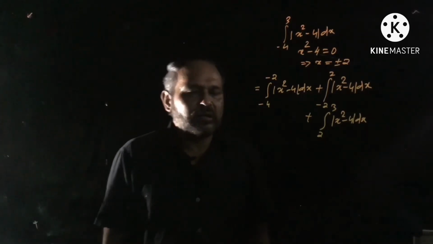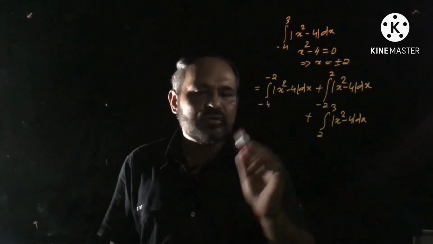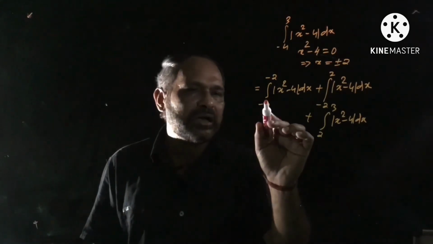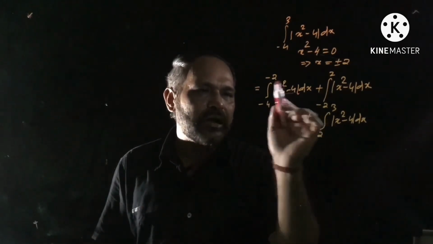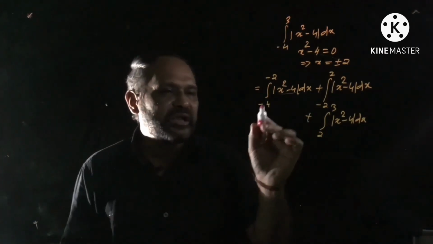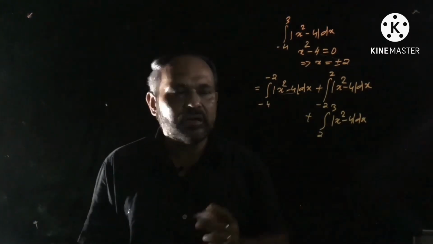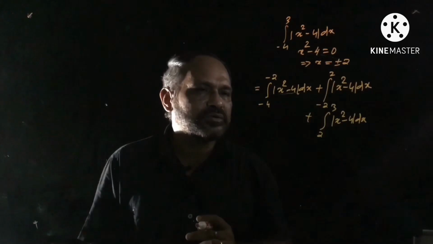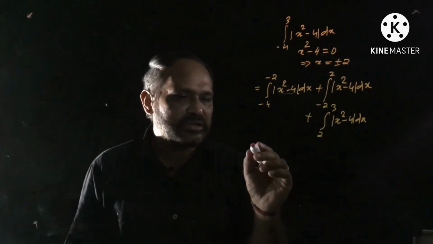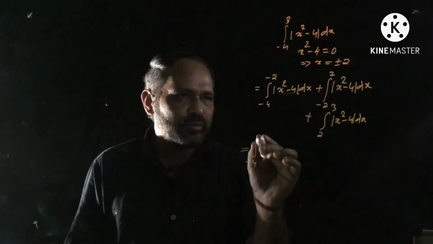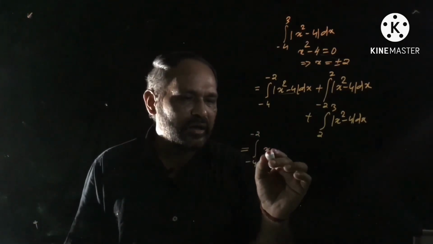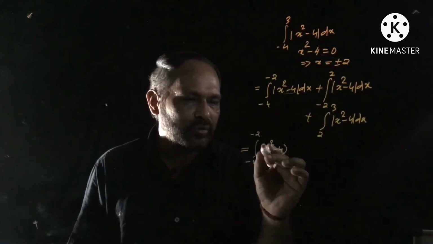For sign, now we have to put any number between minus 4 and minus 2 in place of x square minus 4. If we take x is equal to minus 4, then this is 16 minus 4 is equal to 12, which is positive. So we can write this as integral from minus 4 to minus 2 of x square minus 4 dx.